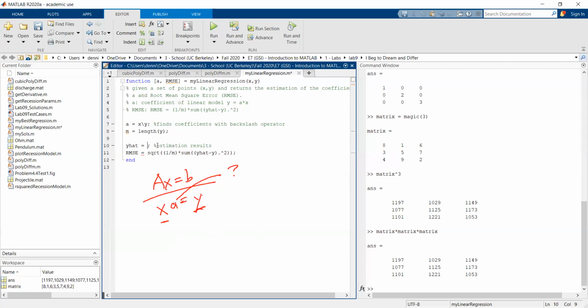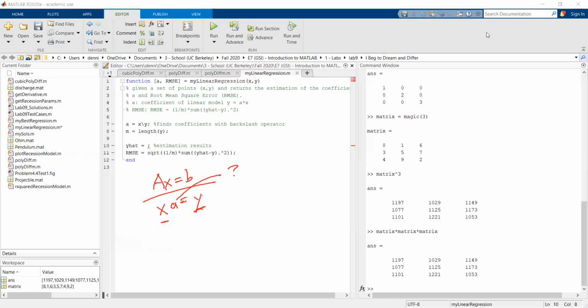So y hat is going to be our estimation. Now that we have our a, we have some best fit line with slope a. So y equals ax, which means we can take an x, let's say our x1, and use that to predict a y hat 1.